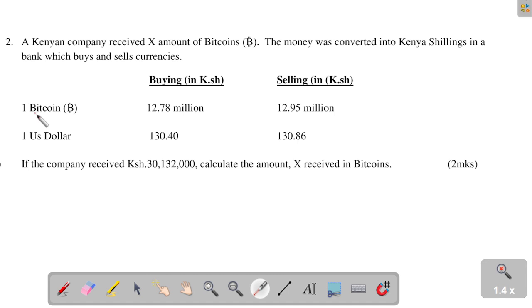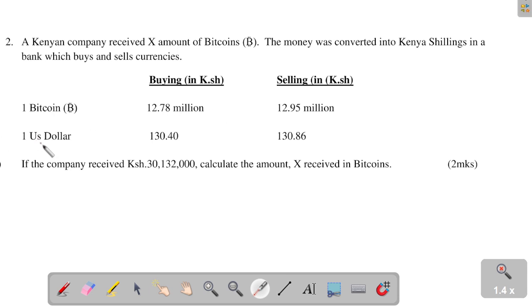So 1 Bitcoin is being bought at a rate of 12.78 million Kenyan shillings. Then 1 Bitcoin is being sold at 12.95 million Kenyan shillings. And you can see how powerful it is.